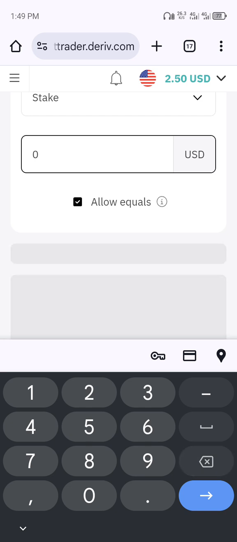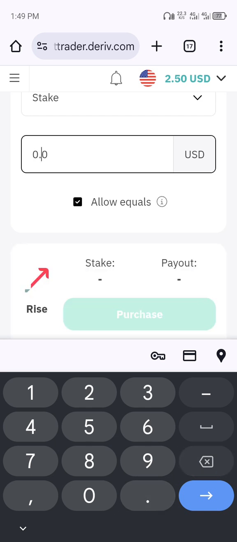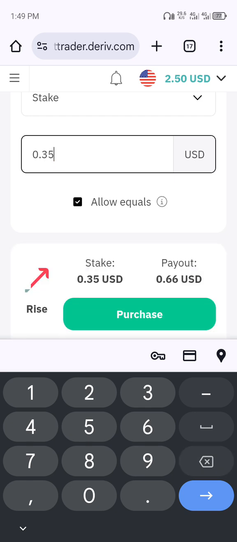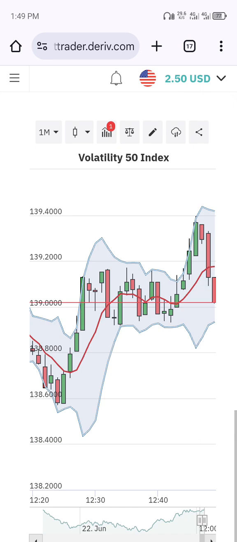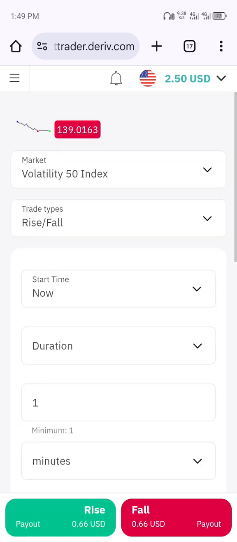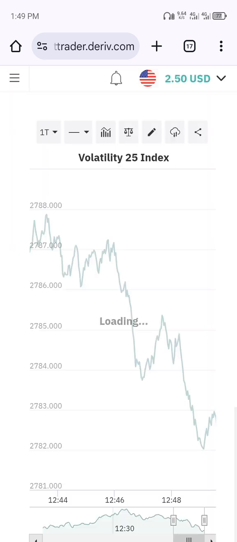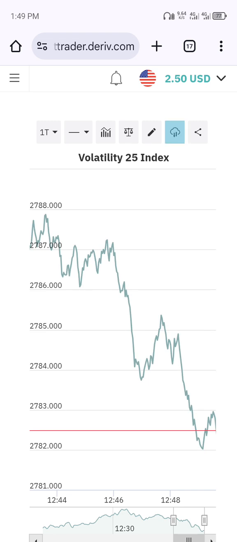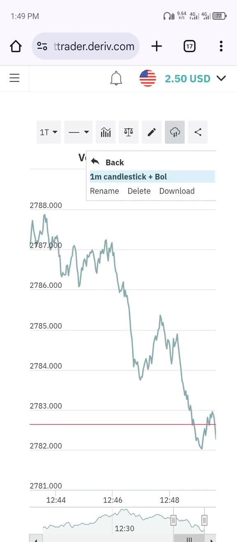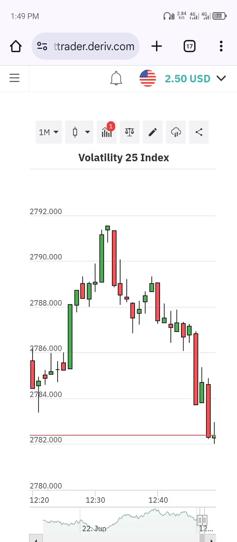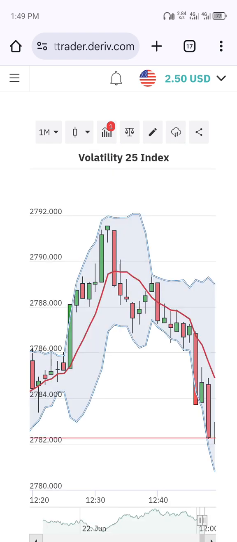Let's see. We are returning to 35 cents. We check. It seems to be selling. Let's see the formation if we can still continue.